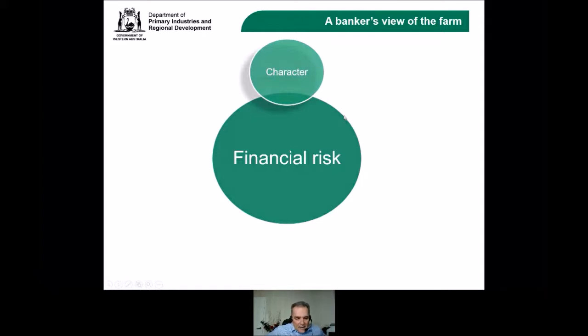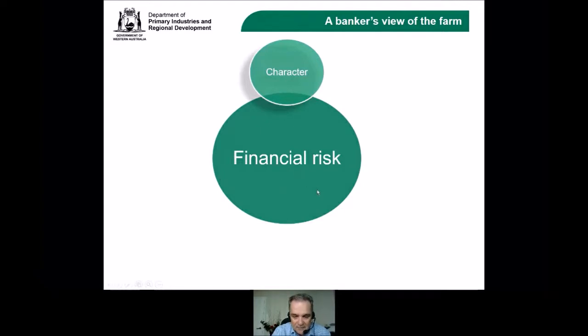And the first one is around character: honesty, integrity, trust. Banks don't like nasty surprises. Tell them the truth. Don't sugarcoat it. Give them early warning. This character also includes the financial acumen and the farming abilities of the people in the farm.